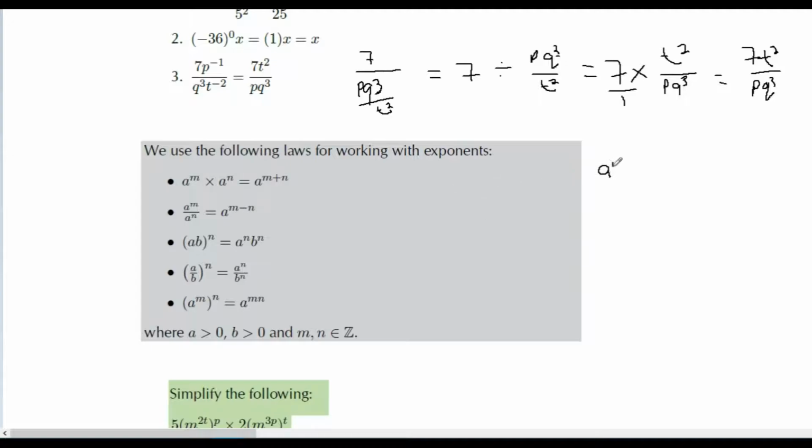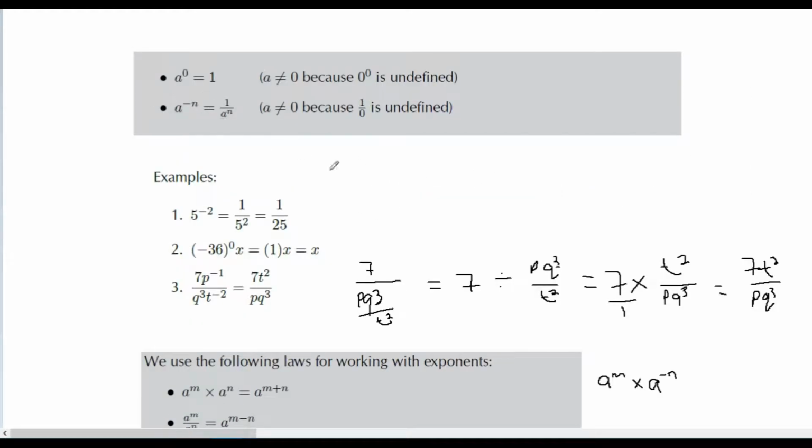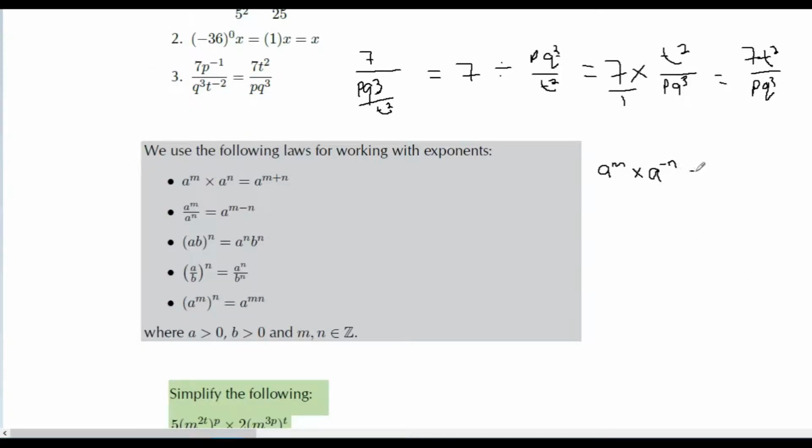So let's say, for instance, we have a to the m multiplied by a to the minus n, right? We see that the exponent is negative, so we can apply the same rule and convert that into a to the m multiplied by 1 over a to the n.